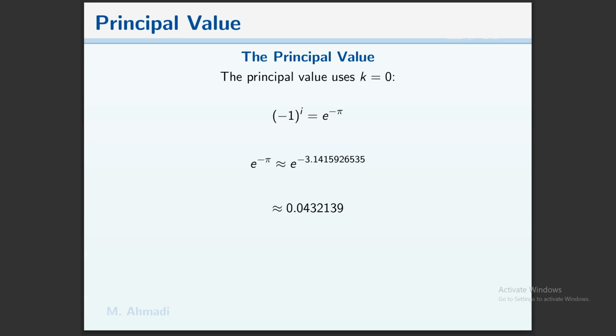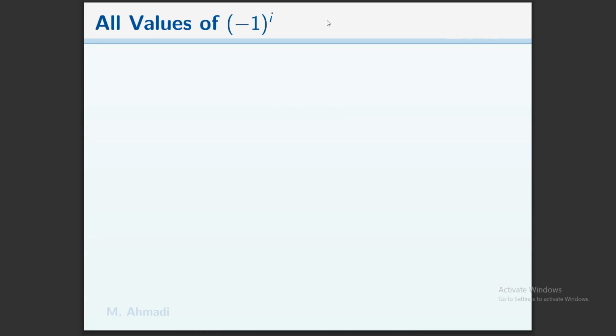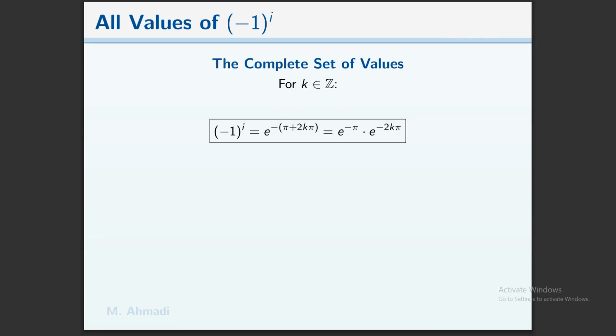So minus 1 to the i equals a real value. The principal value of minus 1 to the i equals 0.043239. This is a real number, positive and less than 1. This is surprising. What a value for minus 1 to the i!